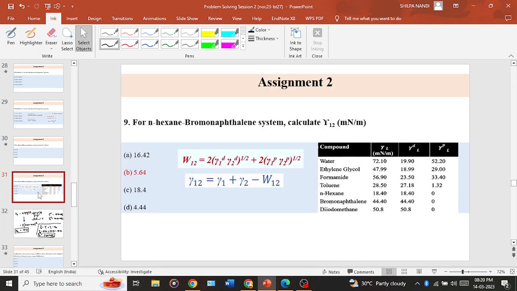So for an hexane bromonaphthalene system, when you calculate gamma 12 and you don't have W12, first try to solve the W12 and then put the value of it in the Dupre equation, which is gamma 12 is equal to gamma 1 plus gamma 2 minus W12. So it was a straightforward question. However, you didn't have this chart with you, so probably you could not solve this question.